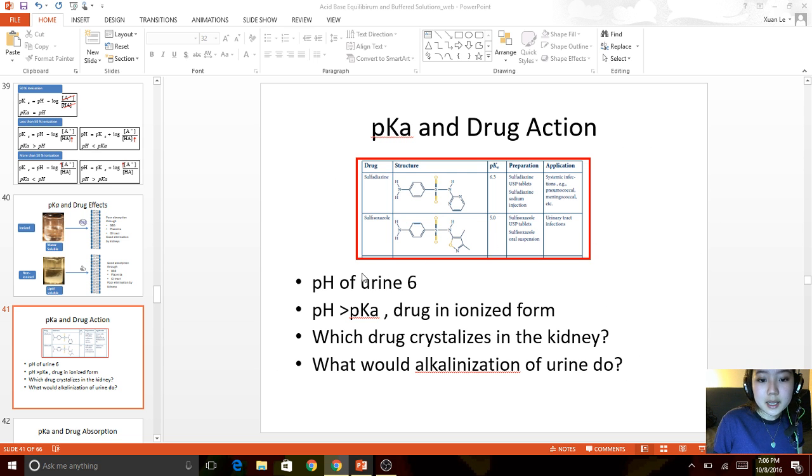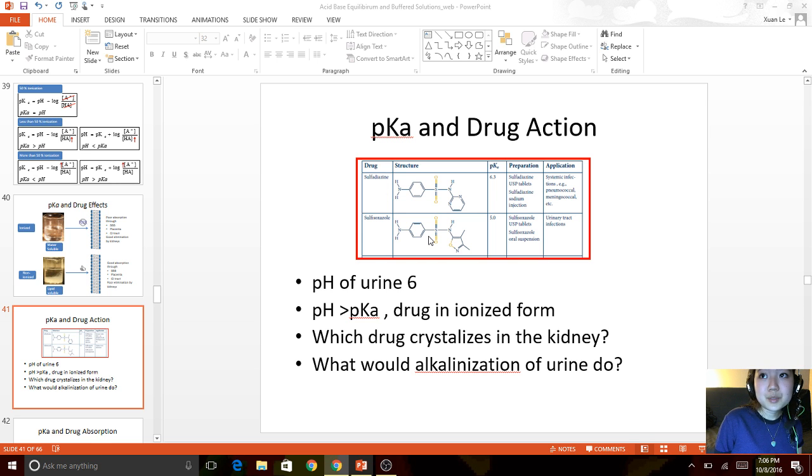So right here, in a pH of urine, which is 6 in this example, the second drug right here has the lower pKa, so it's going to be the more acidic drug, and this means that it will ionize more in solution. And remember that when a drug ionizes, the more water soluble it will be, and it's going to have less absorption through the membranes.